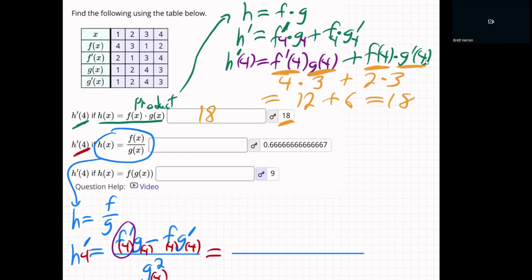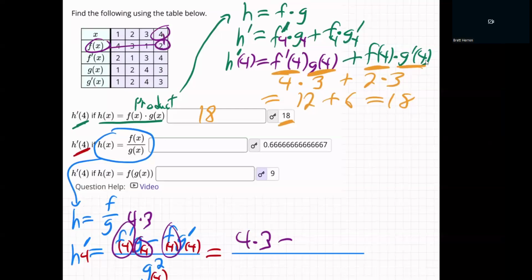It's a little tedious. f prime of 4 is 4. g of 4, what's that? 3. So it's going to be 4 times 3, minus f of 4.